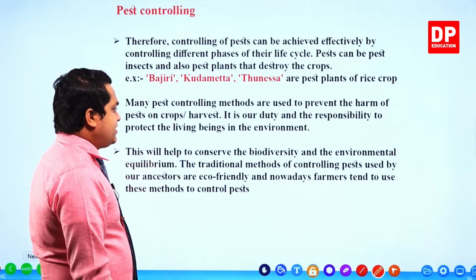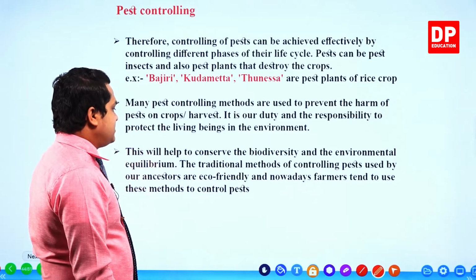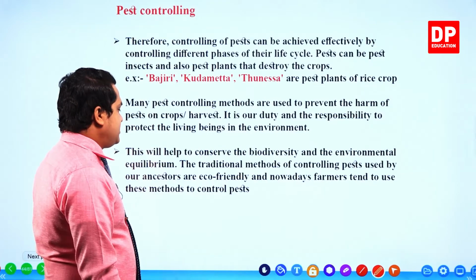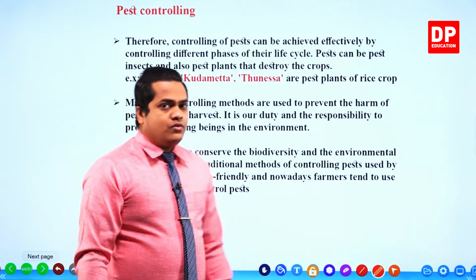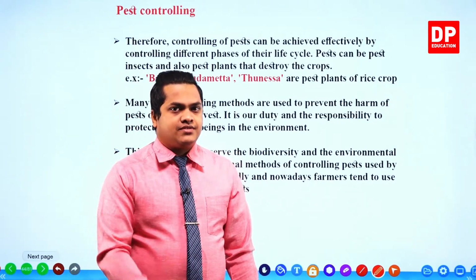The traditional methods of controlling pests used by our ancestors are eco-friendly, and nowadays farmers tend to use these methods to control pests. Now, these are organisms, so they have a sense.